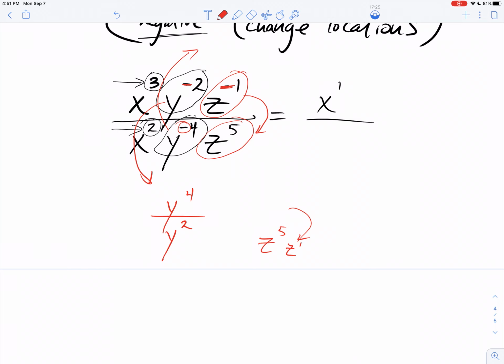So now it's on the bottom. Now it's a product. So it's going to be z to the fifth times z to the first. Heck, we'll call that thing z to the sixth, because 5 plus 1. Now, when you say 5 plus 1 gives you z to the sixth, you'll notice when you look at the answer key, they'll show that little plus sign. They'll go like this, because they show every single step in the answer key.